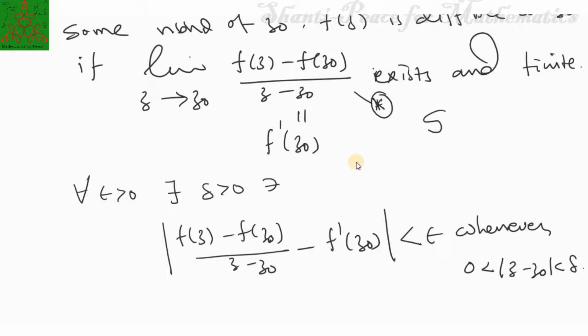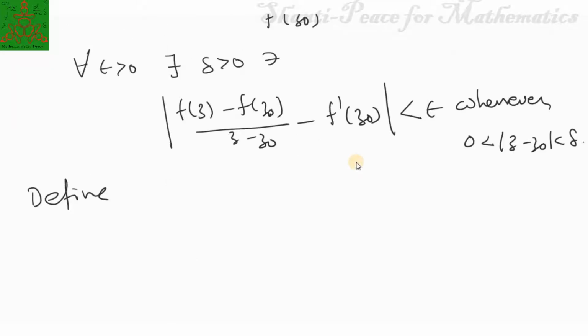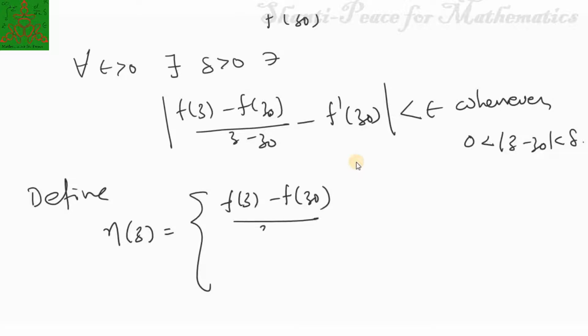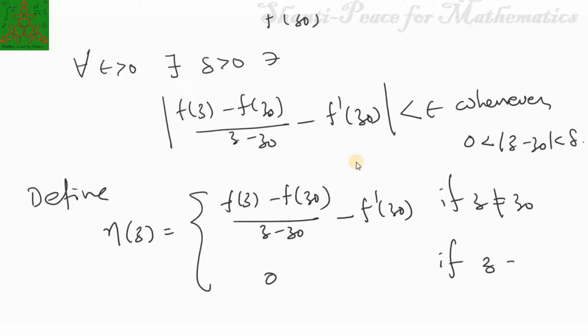Since we can write it in the epsilon delta definition, we can define one function, eta of z, as f of z minus f of z0 upon z minus z0 minus f dash of z0 if z is not equal to z0, and 0 if z is equal to z0.